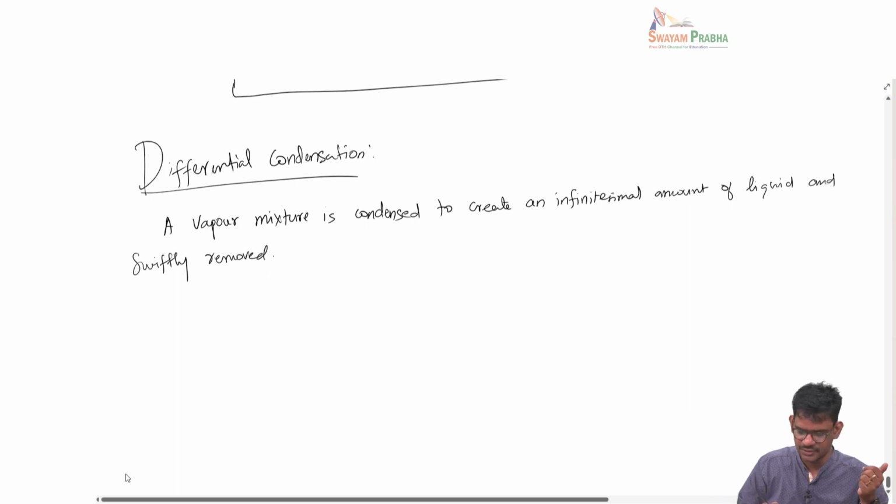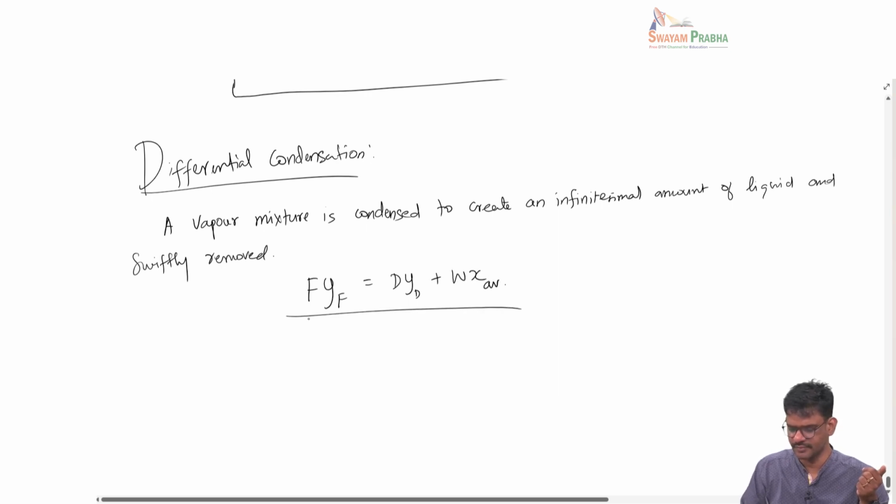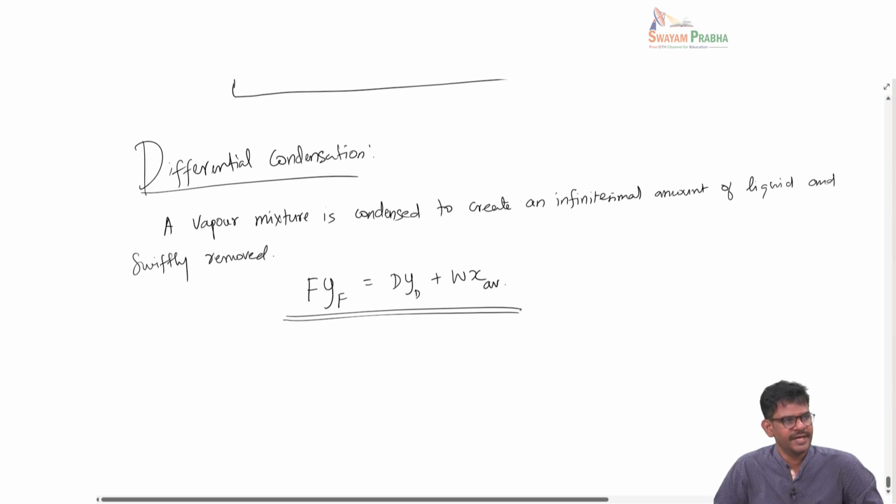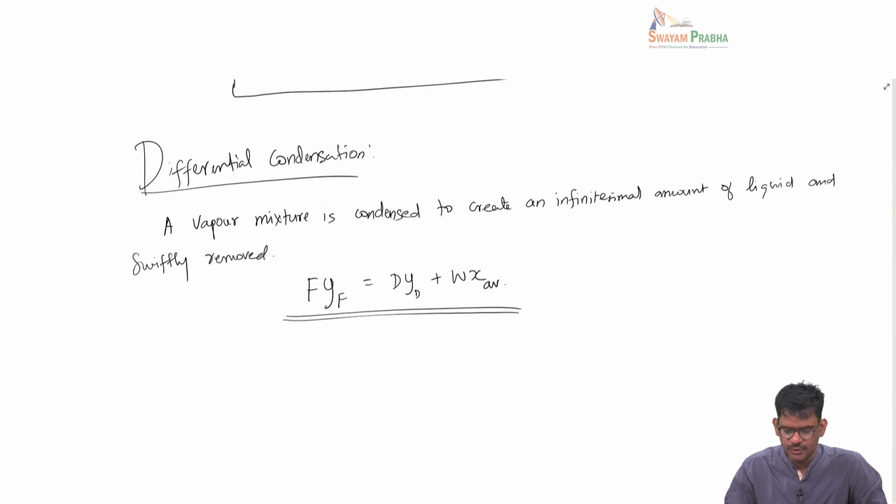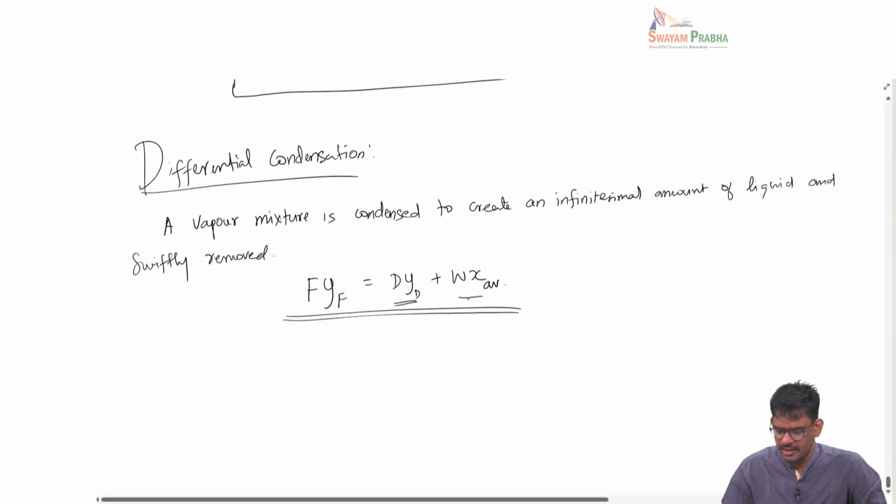In this case you can again write F times yF should be equal to D times yD plus W times some x average. So at the end of the partial differential condensation, the total moles that you had should be distributed between the vapor and the liquid.